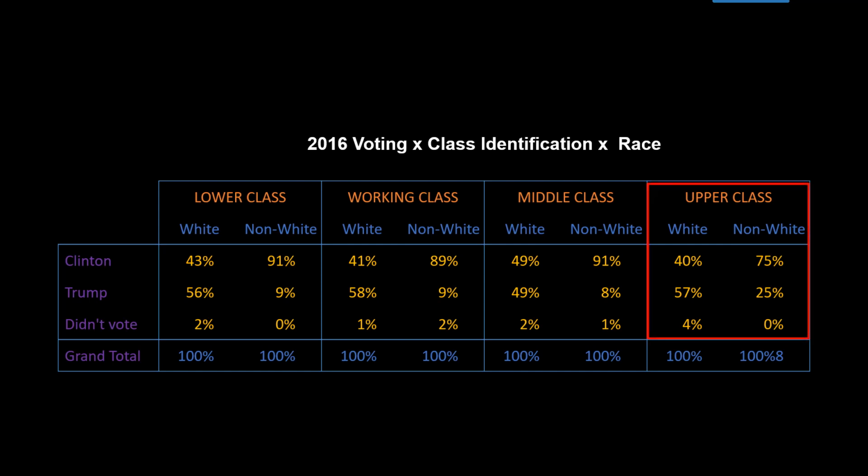Chi-square did not find that the differences in these cells were significant. I should point out, however, that the number of cases in the upper class group was probably too small for the test to be meaningful. So we would have to go back to the drawing board on that one.